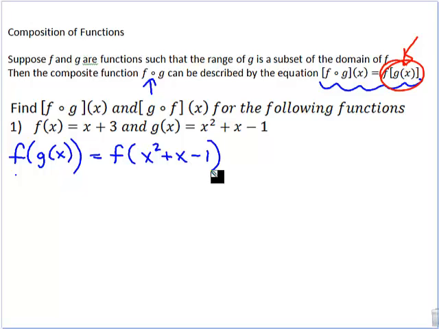I'm just going to call it a function g. So here in the f function, instead of writing x, I'm going to write out x squared plus x minus 1. So instead of x, it's x squared plus x minus 1, and then we still have a plus 3. And now we just need to simplify that. So we look for common terms that we can get together.